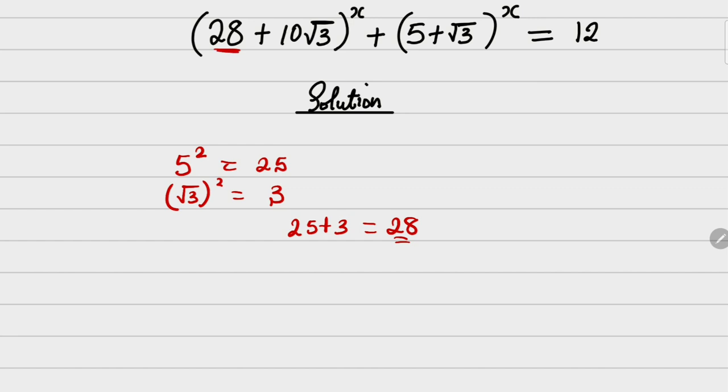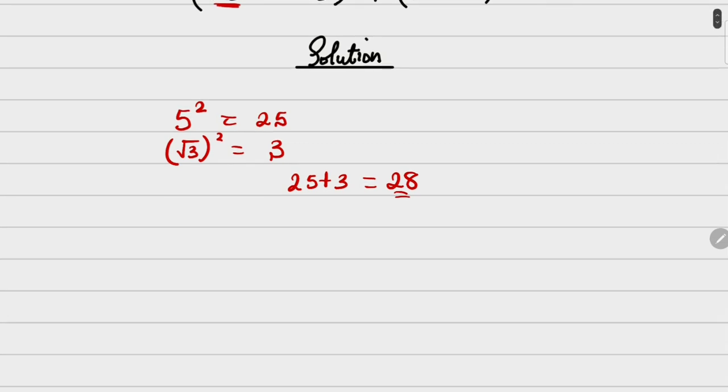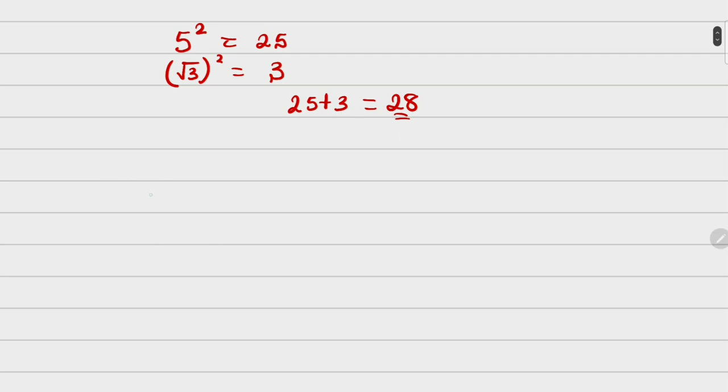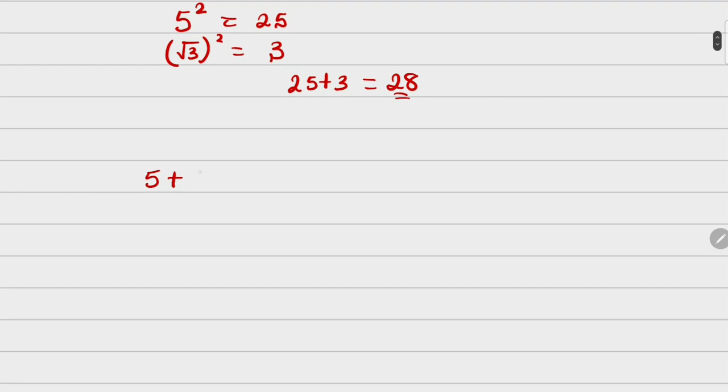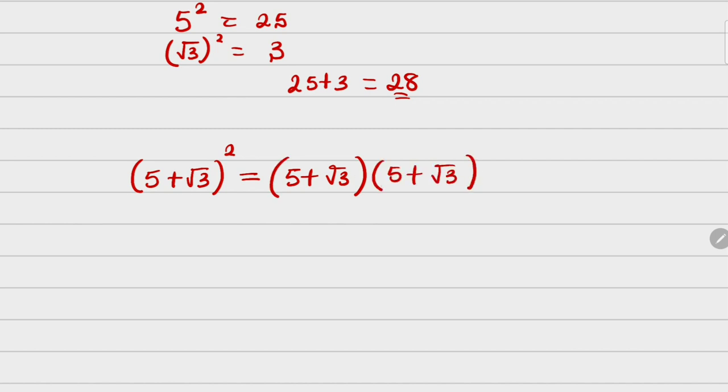So it comes back to me: why not expand (5 plus root 3) all squared? Let me see what I am going to get. This is (5 plus root 3) times (5 plus root 3).